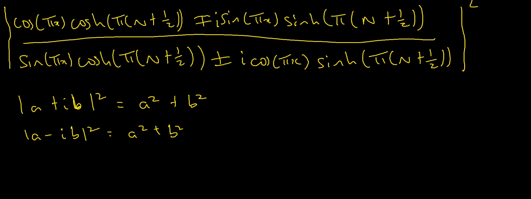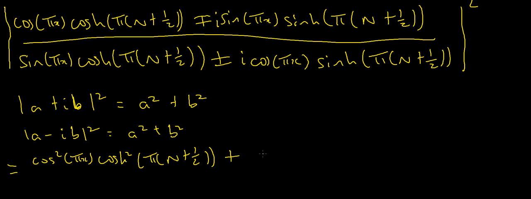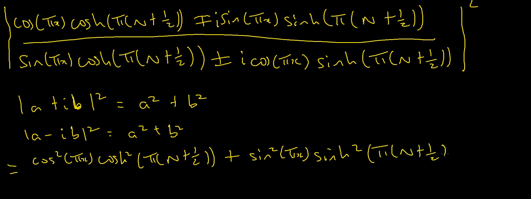So this is equal to, well, I'm going to have squares, so I don't need to write the modulus signs anymore. This is just going to be cosine squared pi x cosh squared pi times n plus a half, plus sine squared pi x sinh squared pi times n plus a half, and that's the numerator.